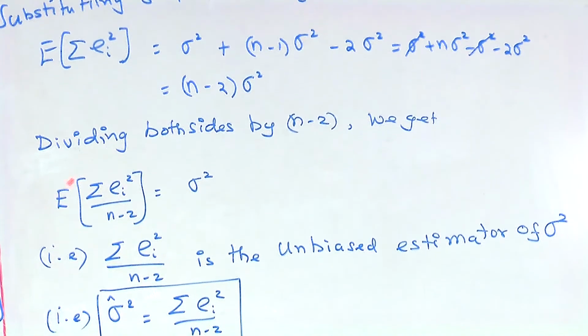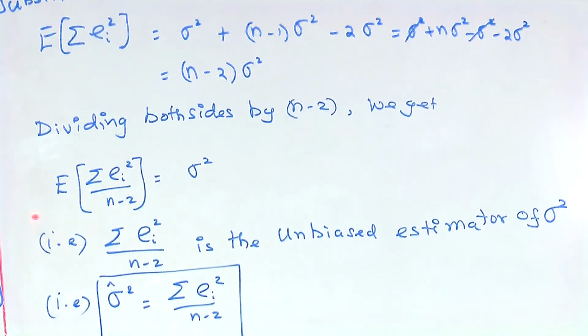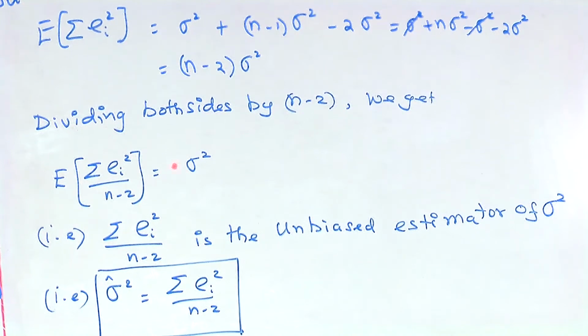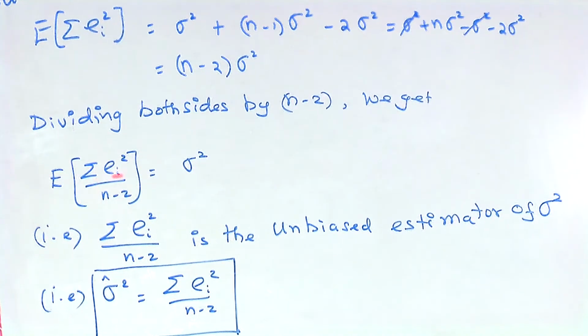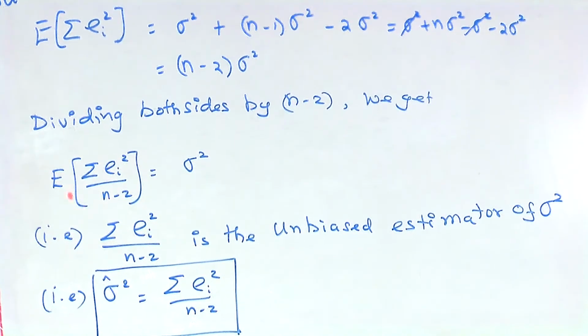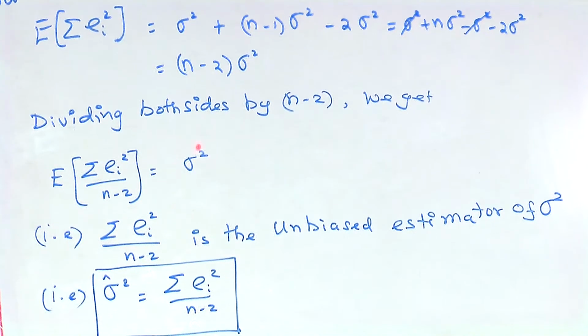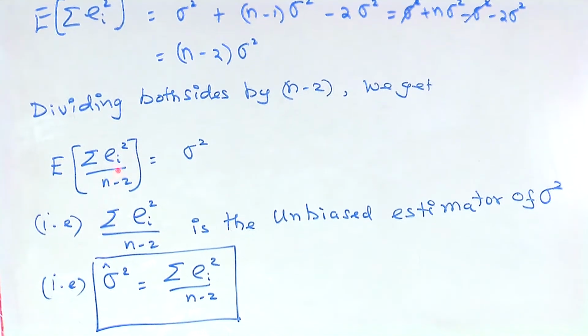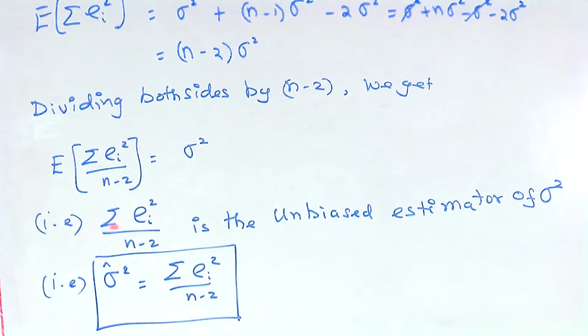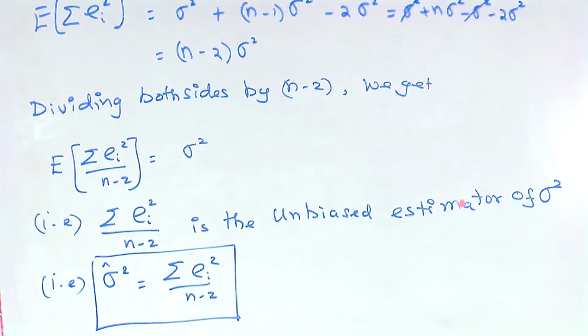By definition, this means sigma ei square by n minus 2 is the unbiased estimator of sigma square. Let us give a notation for the unbiased estimator of sigma square as sigma hat square.